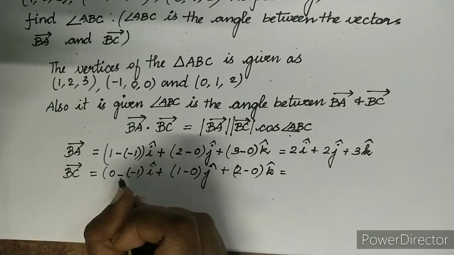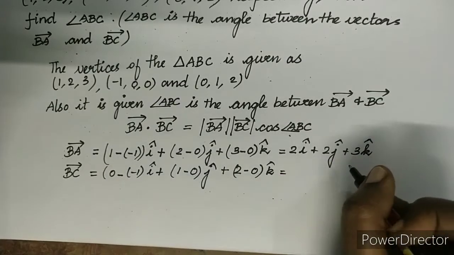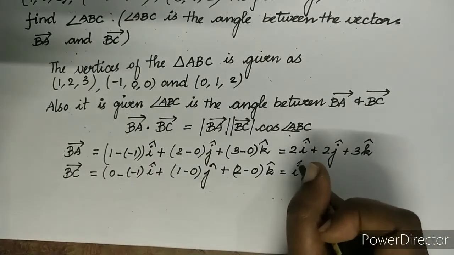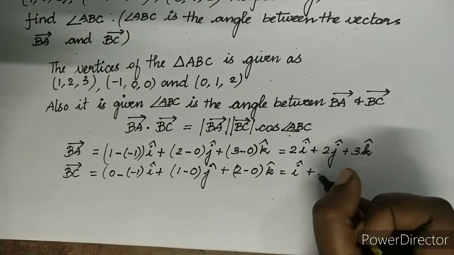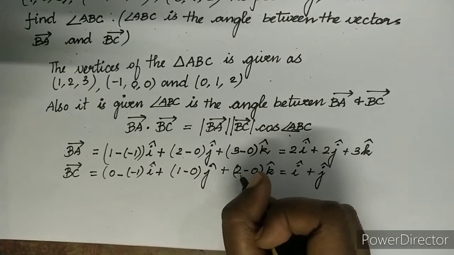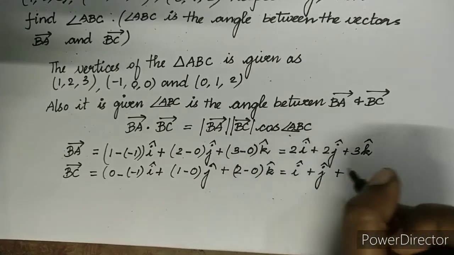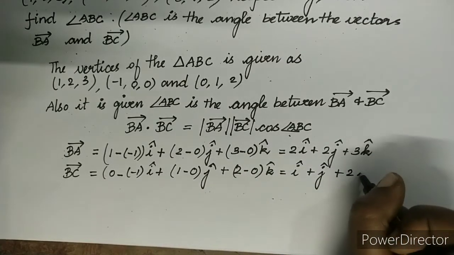Minus into minus plus, so 0 plus 1 is 1 i cap, plus 1 minus 0 is 1 j cap, plus 2 minus 0 is 2, so 2 k cap.